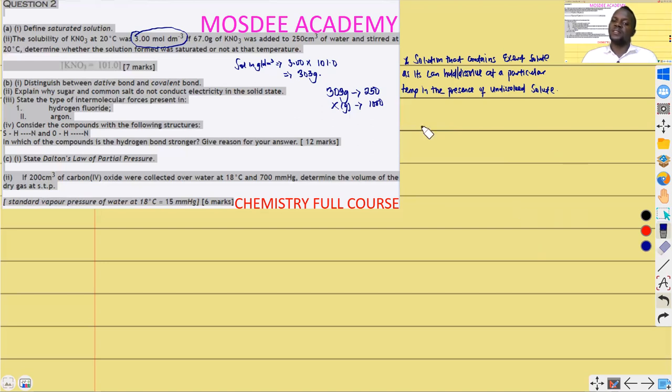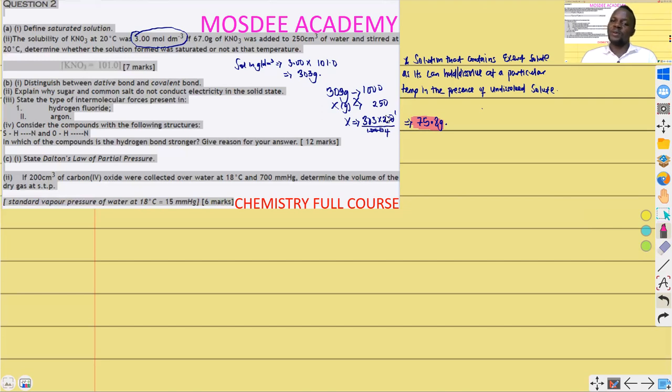And that is telling us something. We've talked about this. Initially, they are 67.0 gram. Now, we have 75.8 is what that solution can hold. But now it is only 67.0 that is dissolving.